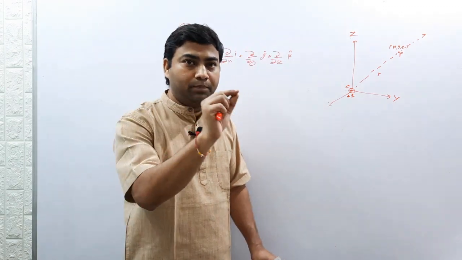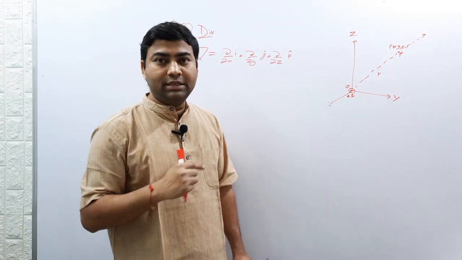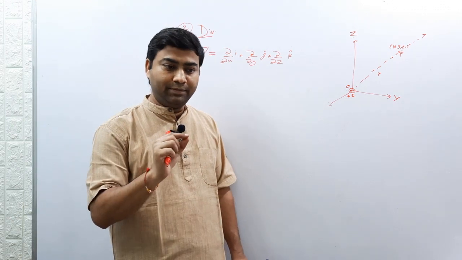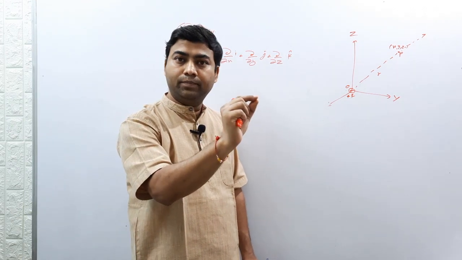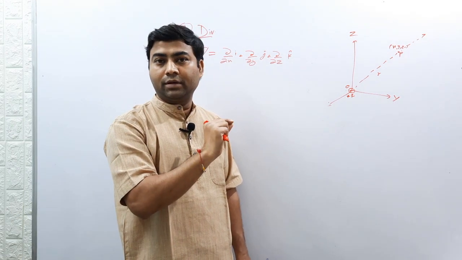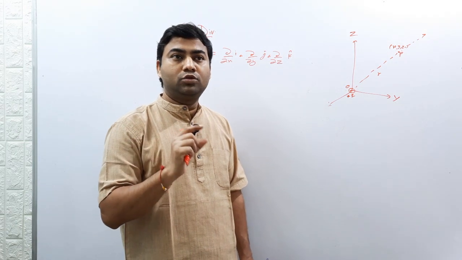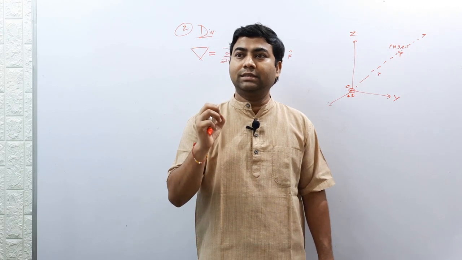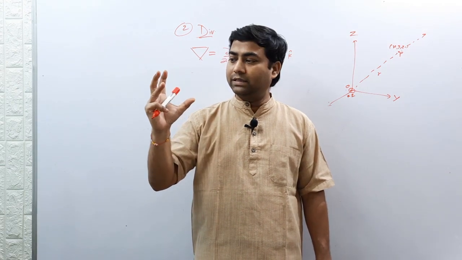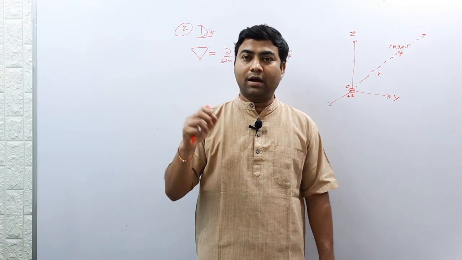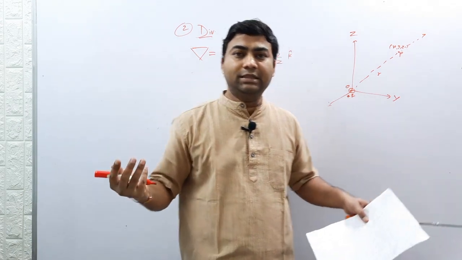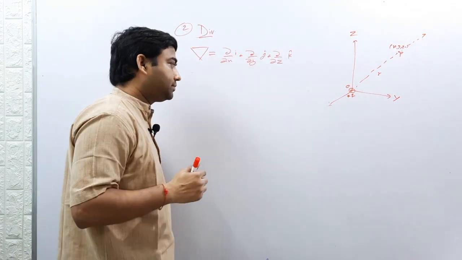It can be calculated for a particular point. That value of divergence shows whether the function is expanding or converging, how it is diverging at a particular point.